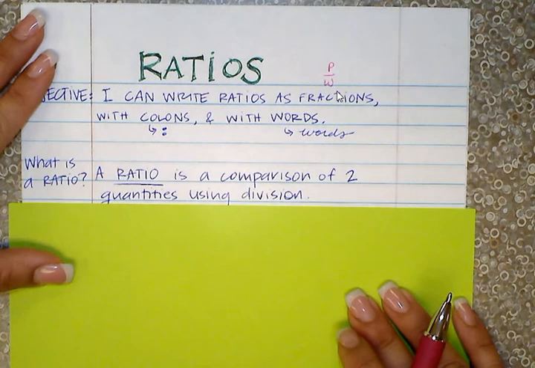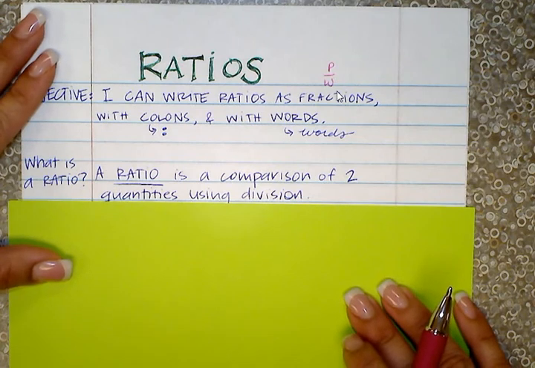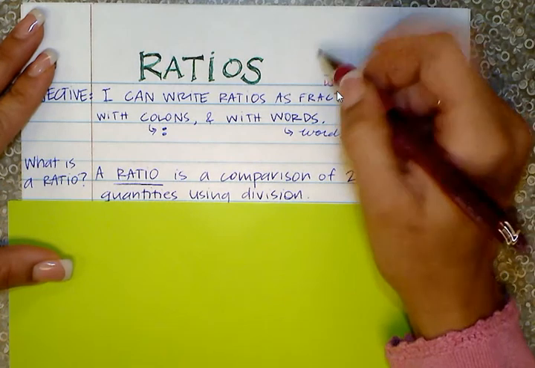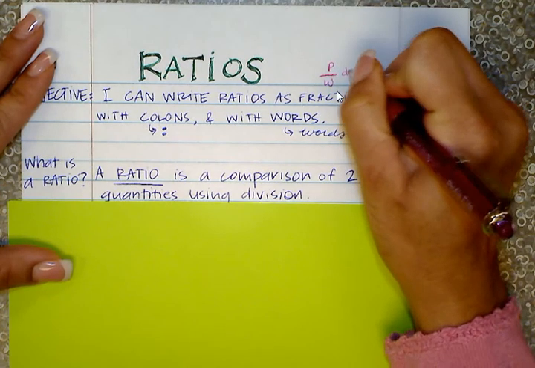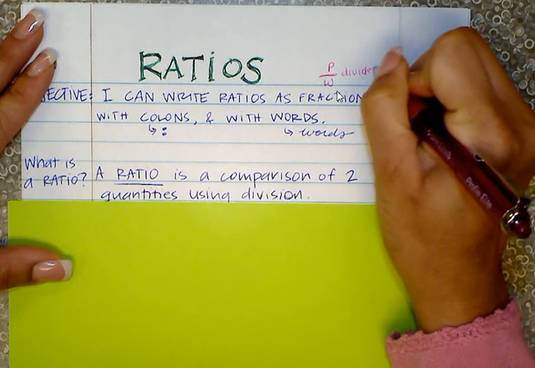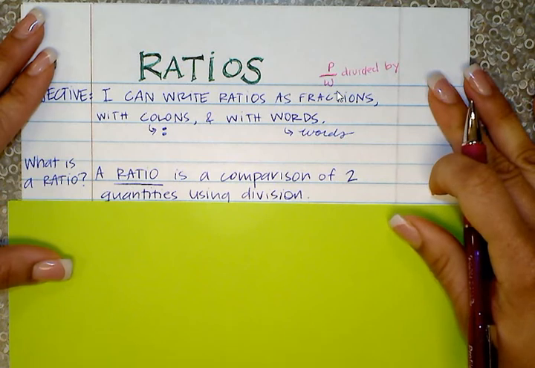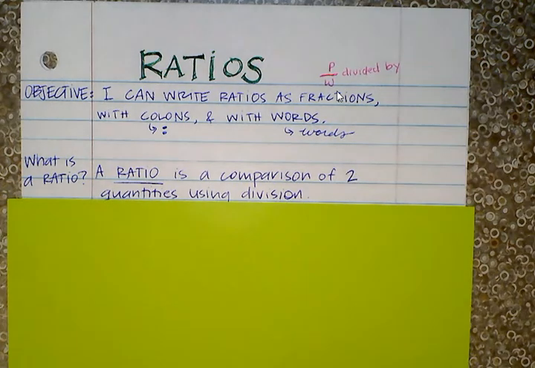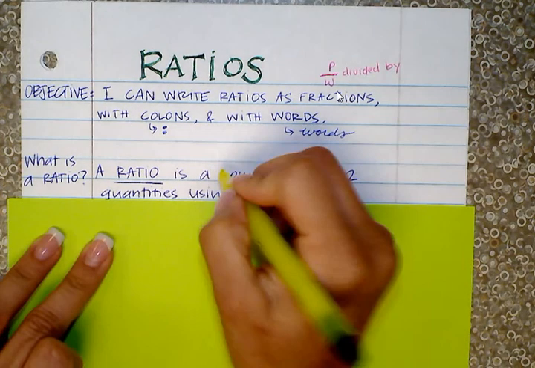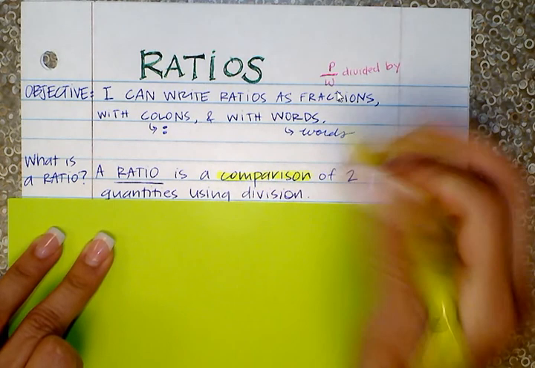Okay, so first, what is a ratio? A ratio is a comparison of 2 quantities using division. Now you know that this fraction bar means divided by, but it's also going to mean a couple of other things, and you'll see that in a minute. Comparison means to compare, so you can write compare above it.